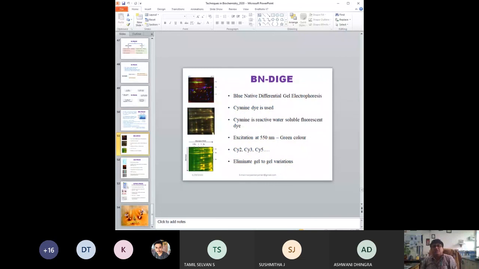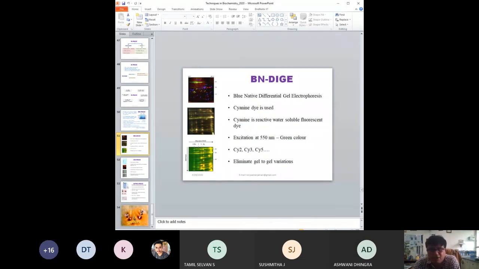So coming to another method, which is basically a modification over BN-PAGE, that is blue native DIGE. Here DIGE stands for differential gel electrophoresis, and here we prefer to use a cyanine dye, which is basically a water-soluble fluorescent dye.